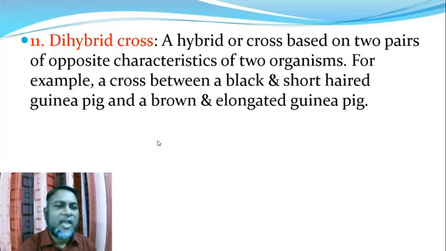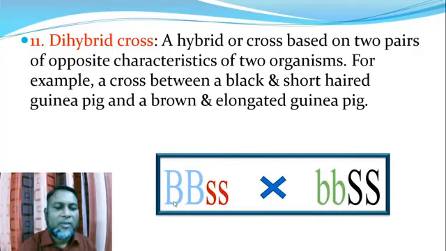Next, we discuss dihybrid cross, a hybrid or cross based on two pairs of opposite characteristics of two organisms. For example, a cross between a black and short-haired guinea pig and a brown and elongated-haired guinea pig. Capital B for black hair, small s for short hair, then small b for brown hair and capital S for elongated hair.